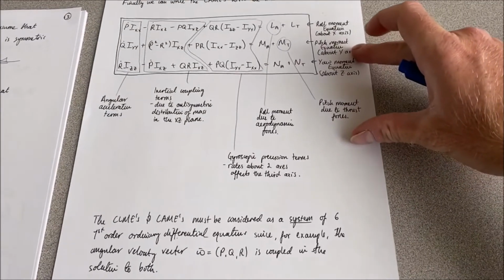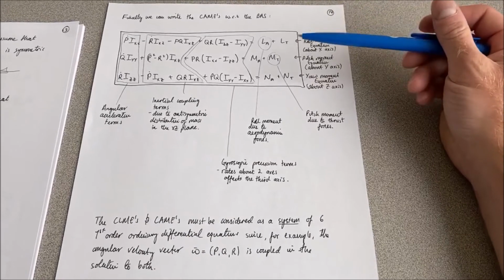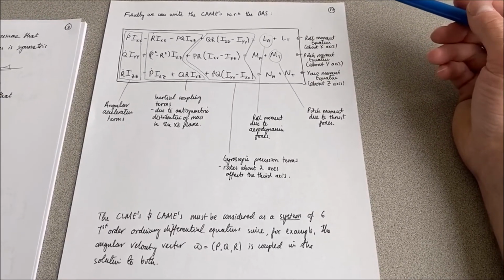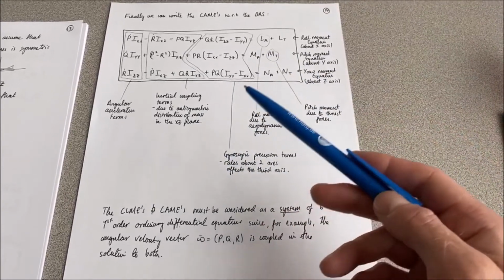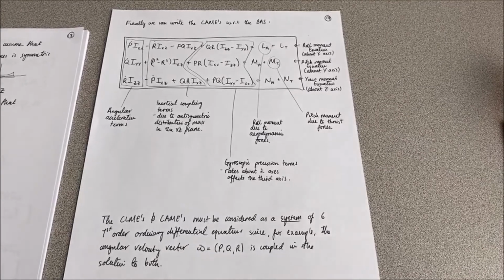So we got there in the end. Hopefully you followed me all the way through that. We have now the conservation of linear momentum equations and a system of conservation of angular momentum equations.